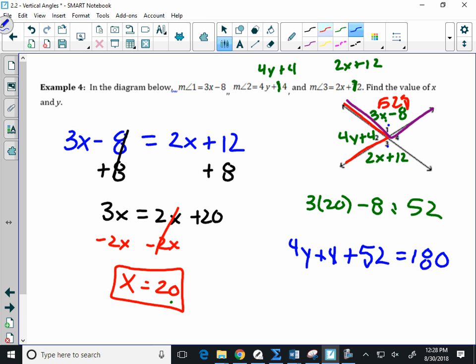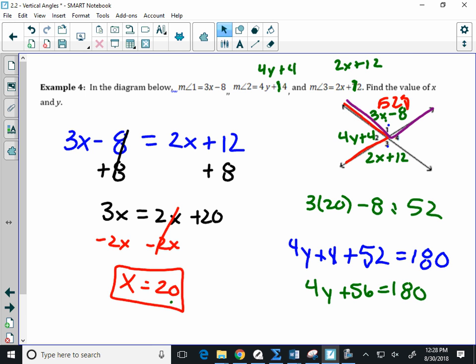That's fine too. I try to be consistent in what we've done. Both ways are perfectly fine. And then solve. When we solve, Logan, what's our first step? Good. When we combine like terms, 4 plus 52 is what? 56. Colton, what's our next step in solving?